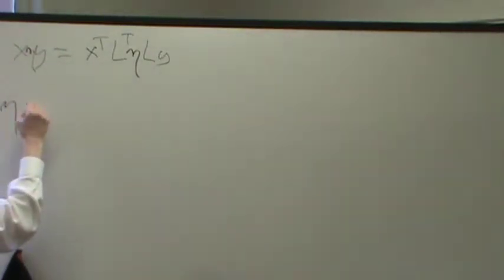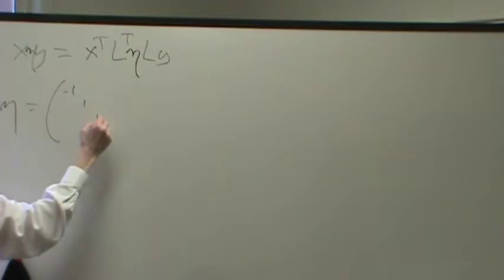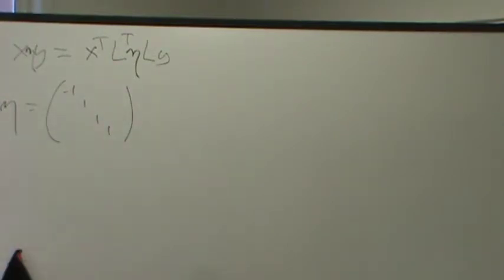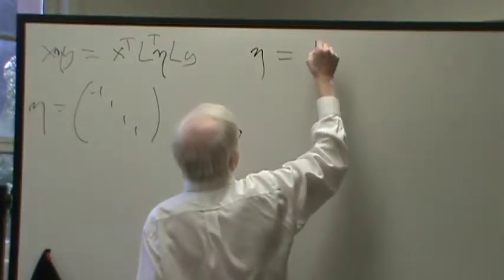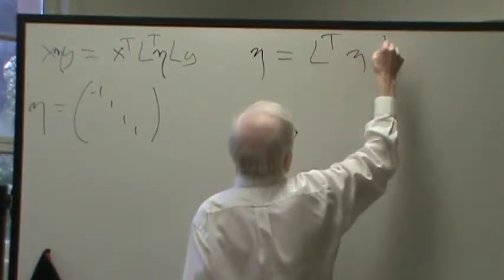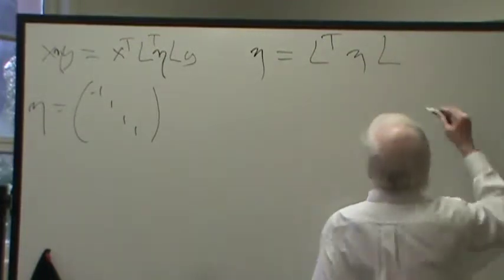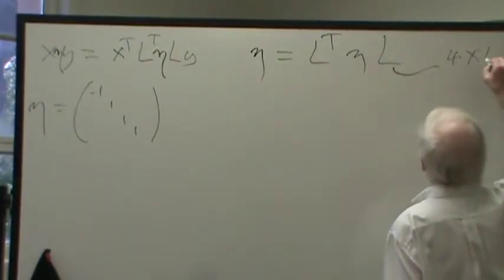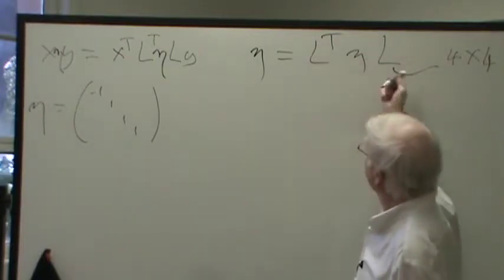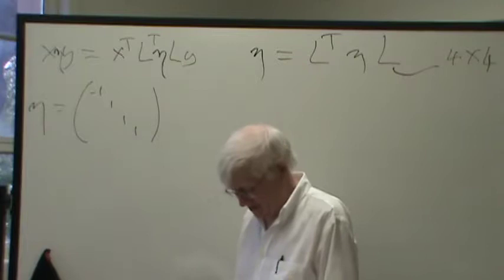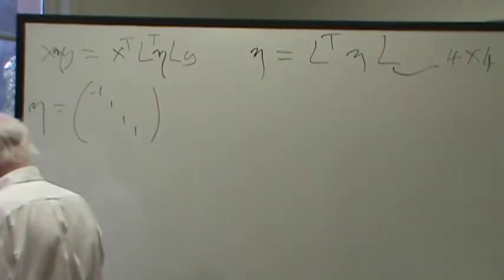So eta is -1, 1, 1, 1, zeros everywhere else. And so what this says is that eta is equal to L transpose eta L. So any real 4x4 matrix that does this is said to be a Lorentz matrix in the Lorentz group.